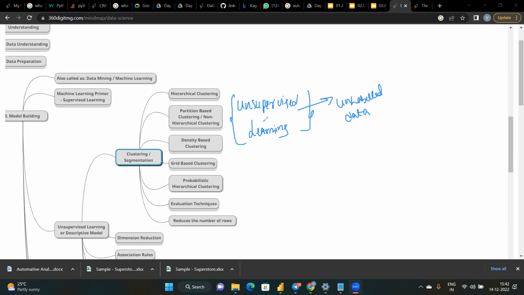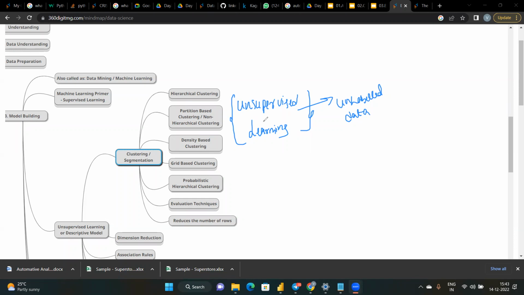Next, what is the difference between supervised learning and unsupervised learning? I hope everyone has seen one difference: labeled data and unlabeled data. Labeled data means we have both the input and the output. In unsupervised learning, it is unlabeled data, so what is the output?